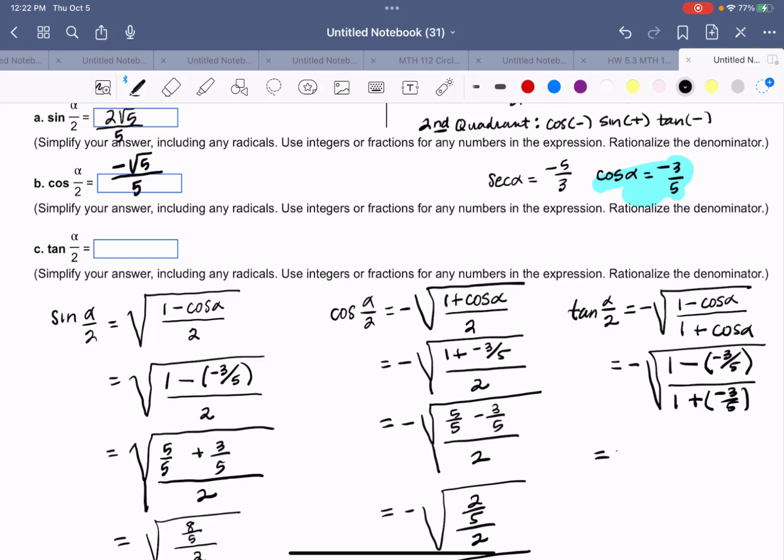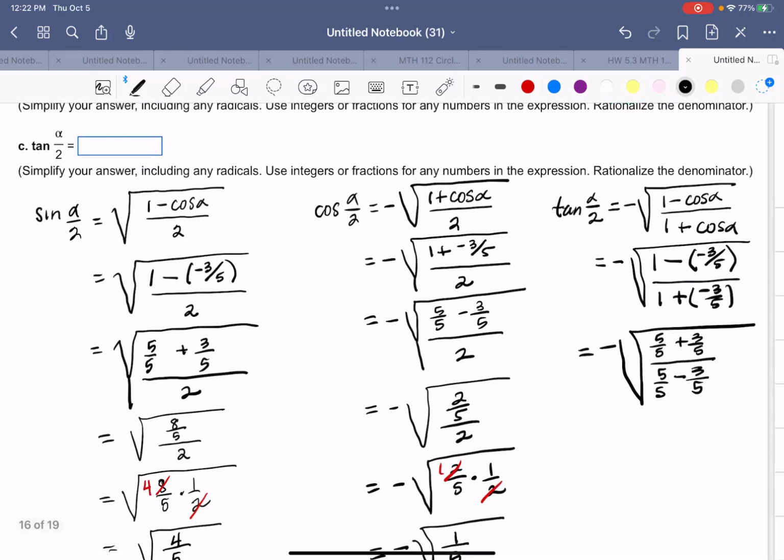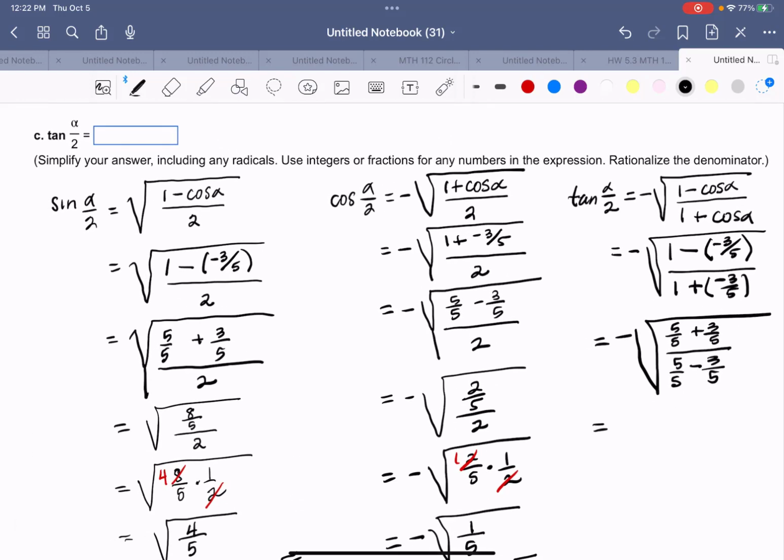Well, that numerator I'm going to end up adding, because of the double negative, 5 over 5 plus 3 over 5. In the denominator, 5 over 5 minus 3 over 5. That will give me a negative square root of 8/5 over 2/5.